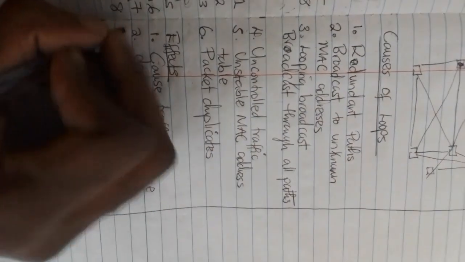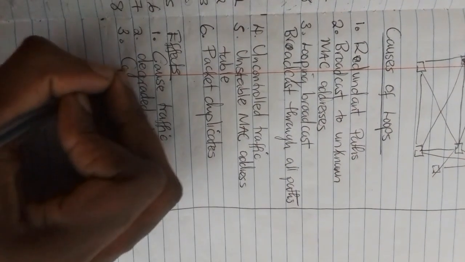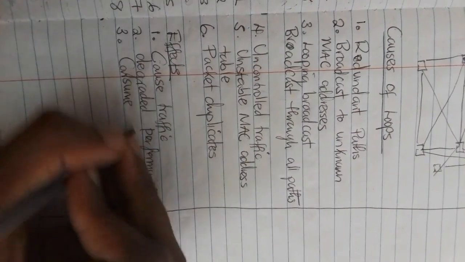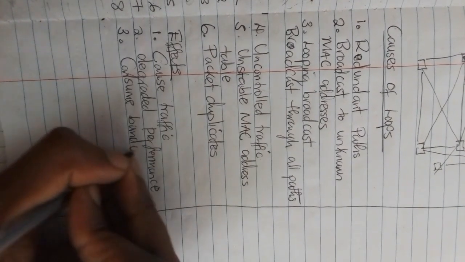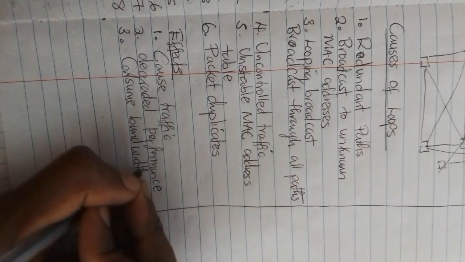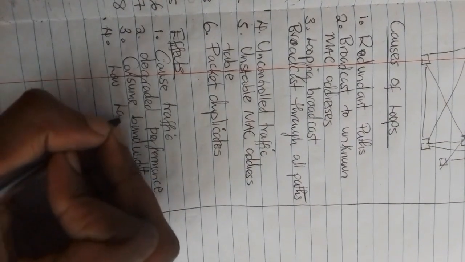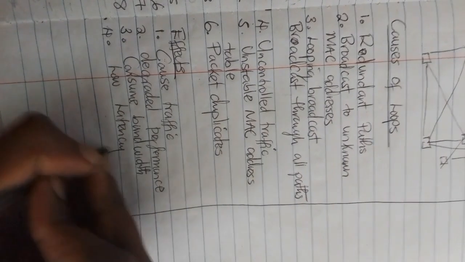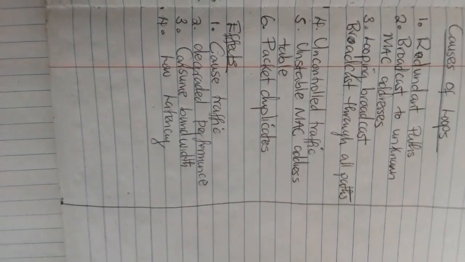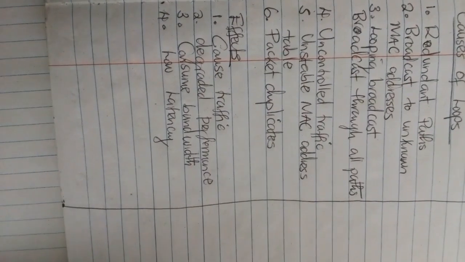After that, you'll realize that this consumes bandwidth. The bandwidth of the network is just going to be consumed. Four, you're going to have high latency. Responses will take longer to come back, if you need a response of any sort in the network.